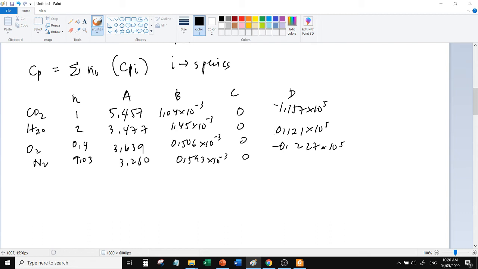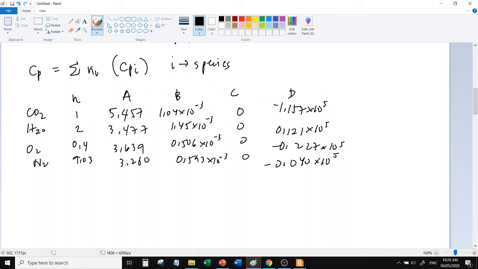Okay, so copyahin lang natin. 0.040 times 10 to the 5, negative 10. And the next step is to get the sum. Okay, diba?